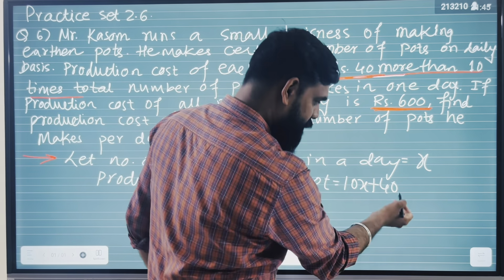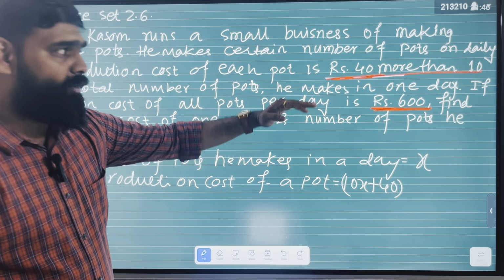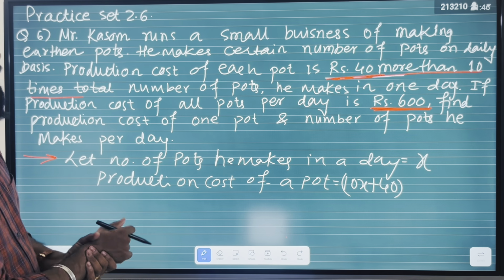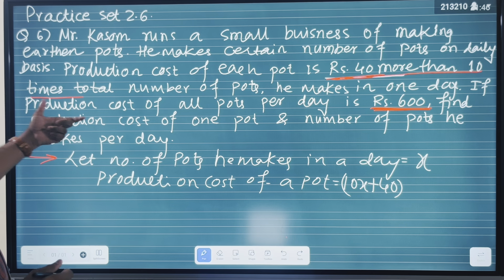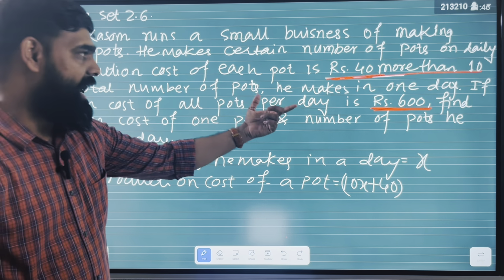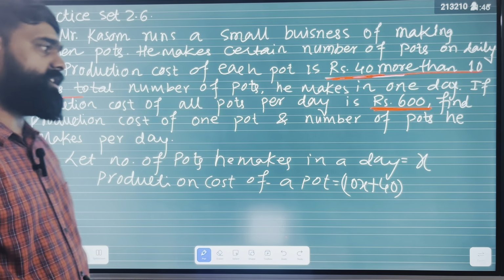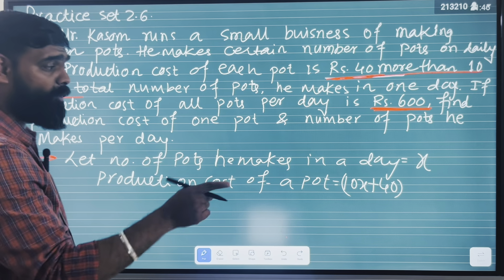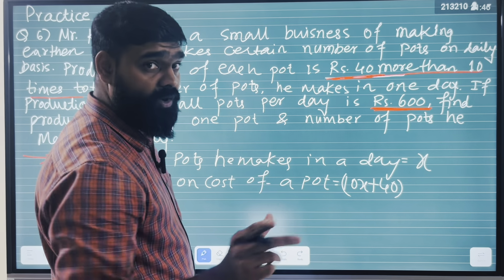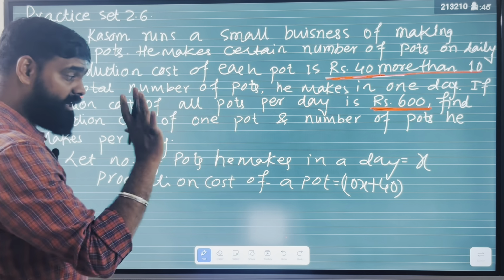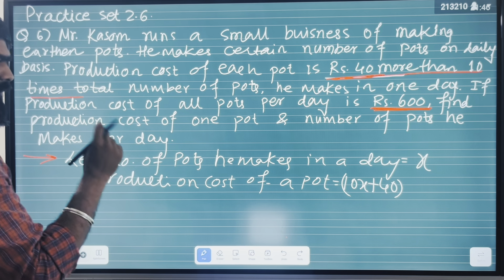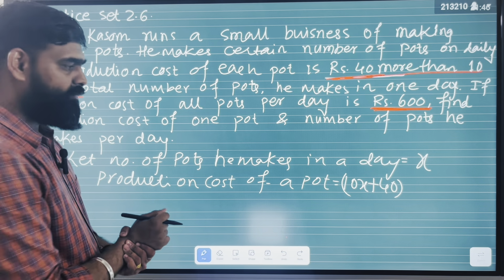So we have assumed the production cost and the number of pots he makes in a day. Now we have to consider the second condition, that the production cost of all pots is given, that is rupees 600.